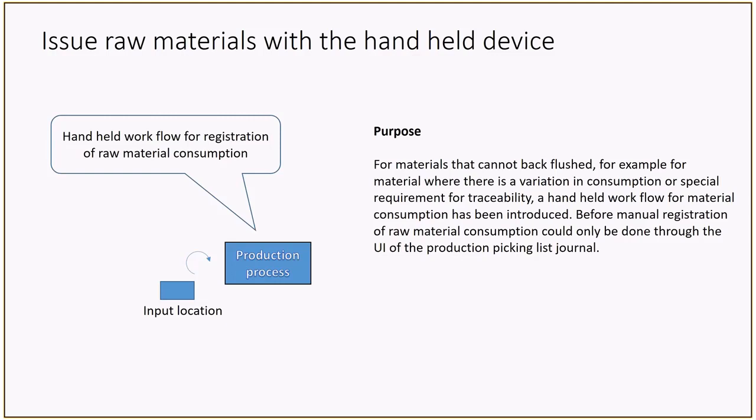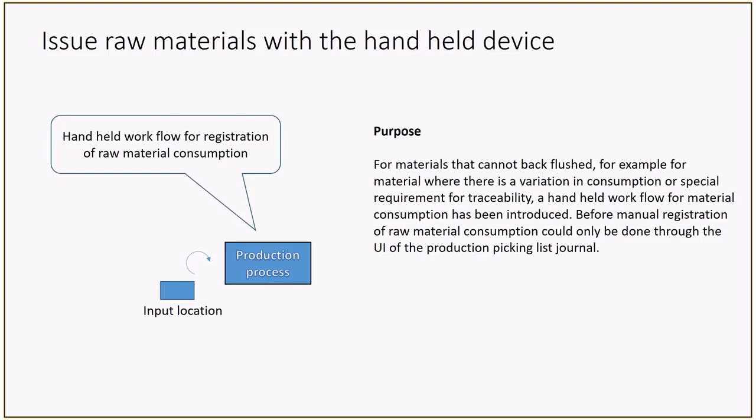We can also set it up to auto consume by start or finish, or we can have a manual consumption of material using the production picking list journal. You often use the production picking list journal when you have, for example, variation in consumption. We have many customers who weigh off materials before issuing it to the production, and there might be a variation on the weight or on the flow meter.